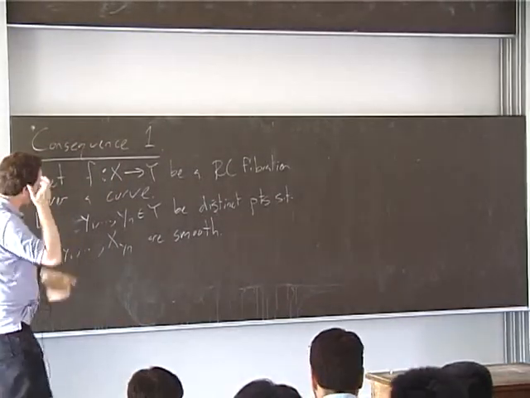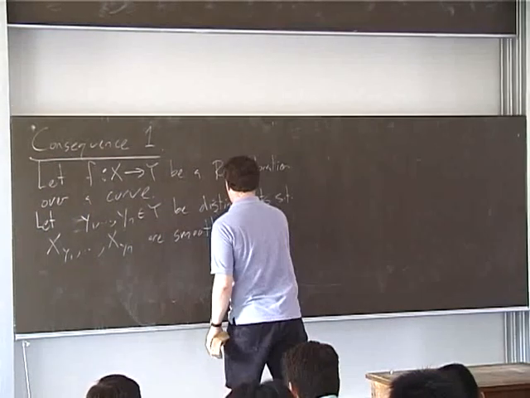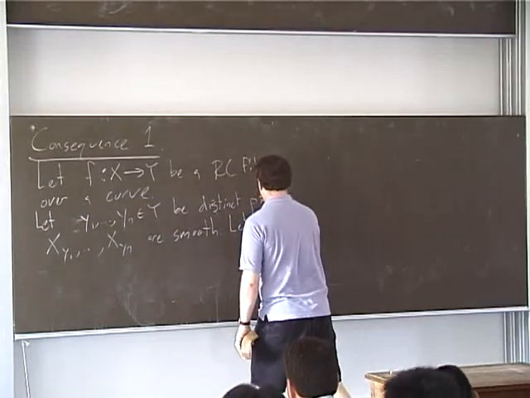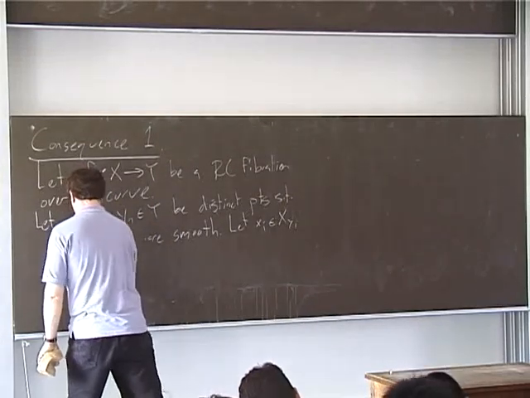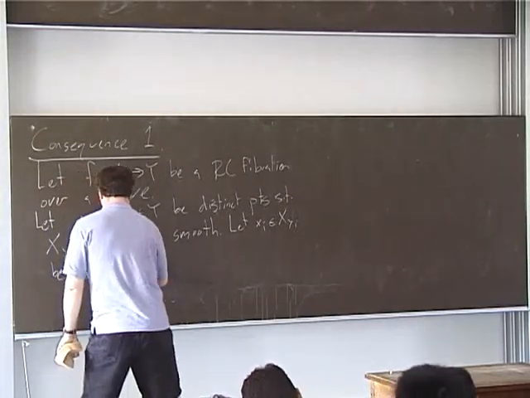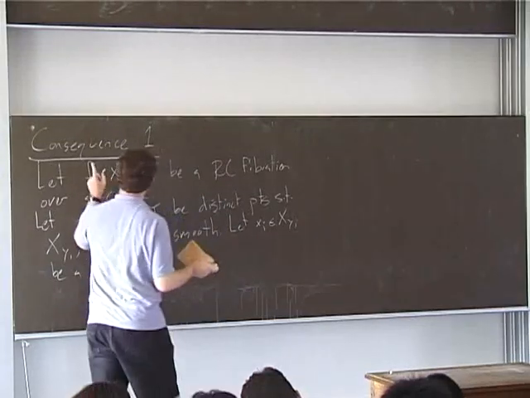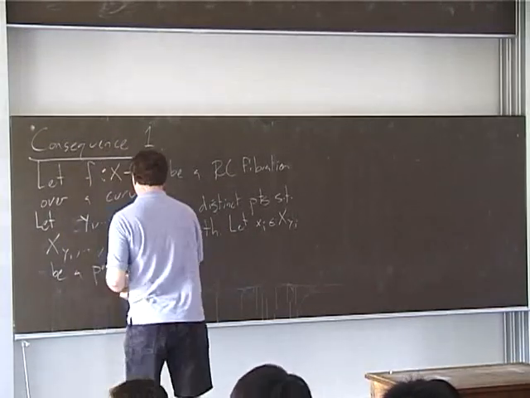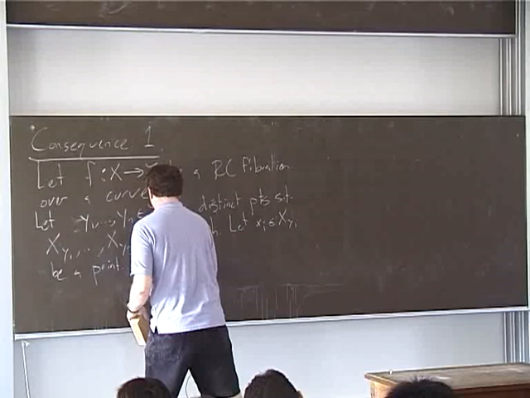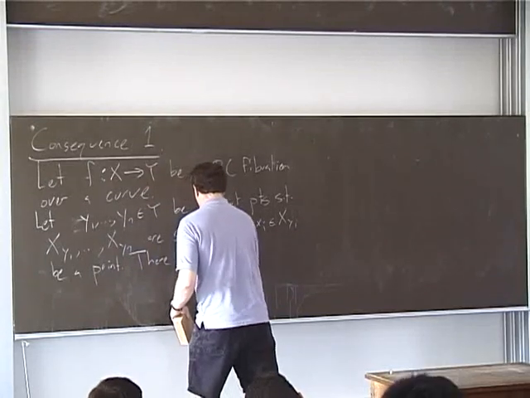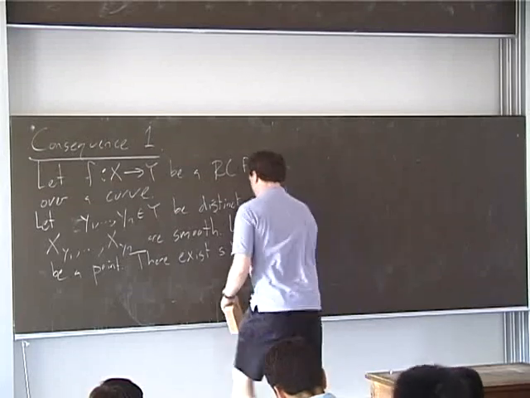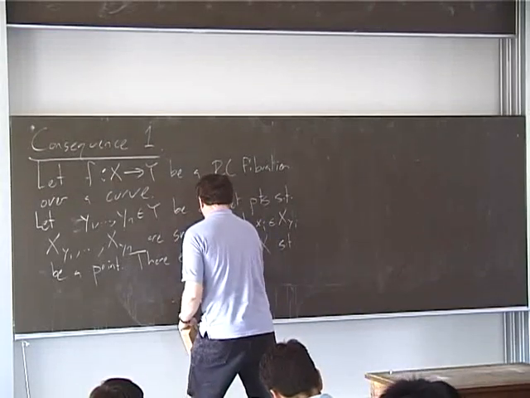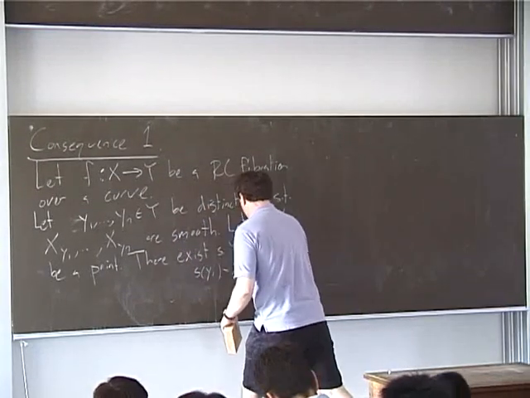So look at smooth fibers and let x_i, inside of x_yi, be a point. Then if you know there exists a single section, it follows that there exists a section through all of these points, such that s of y_i equals x_i for each i.